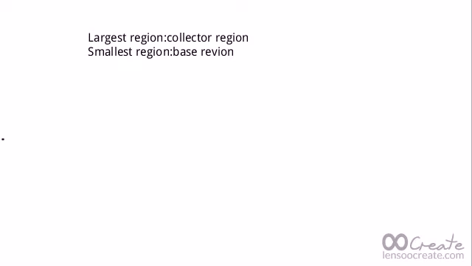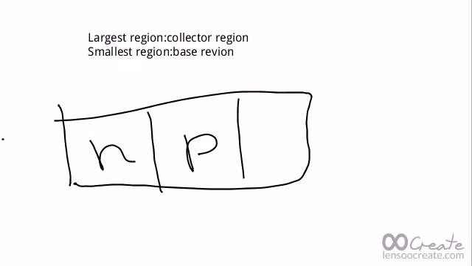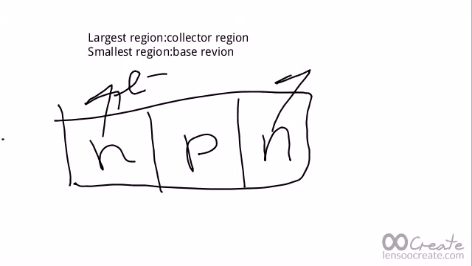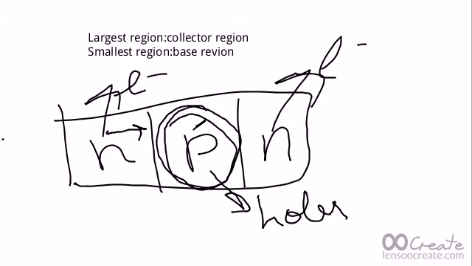For example, this is your NPN, right? So here majority carriers are electrons. Here also majority carriers are electrons. In P, your majority carriers are holes. So when electrons travel from emitter to base, there will be recombination in this base region.